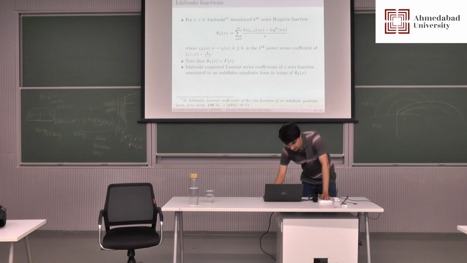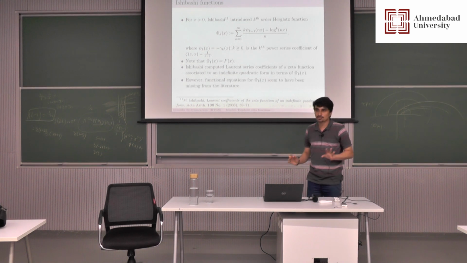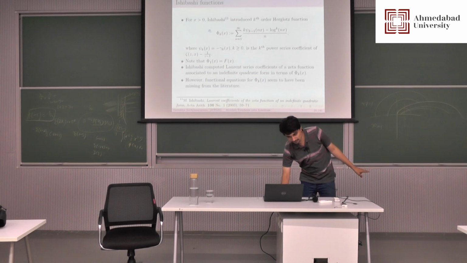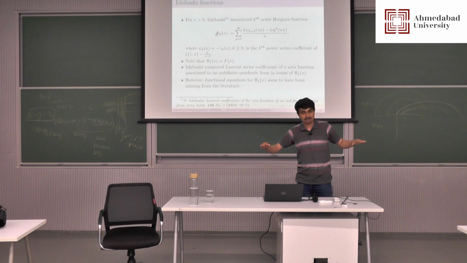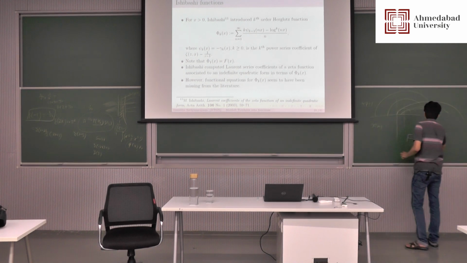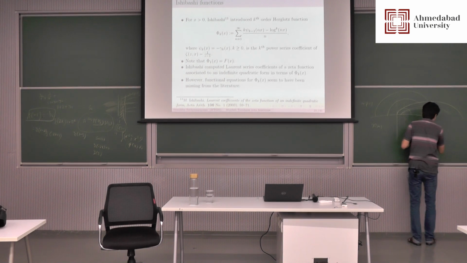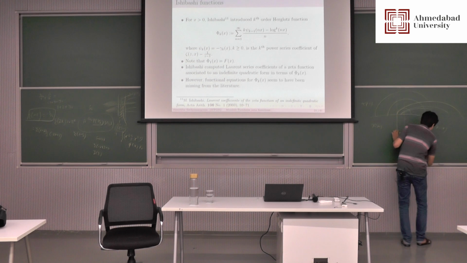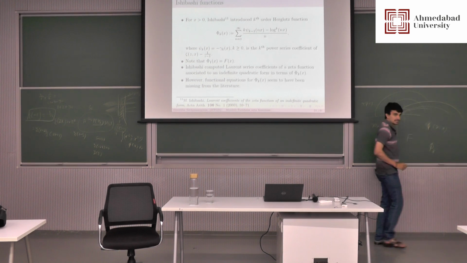I think here we were able to get a 2-term functional equation in analogy with the f of Zagier. Like we have f here, we have phi z comma x here, and we have psi k here.